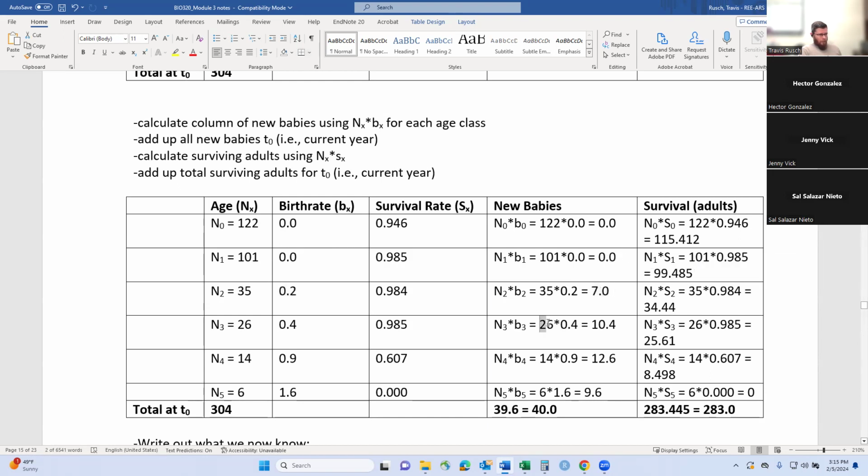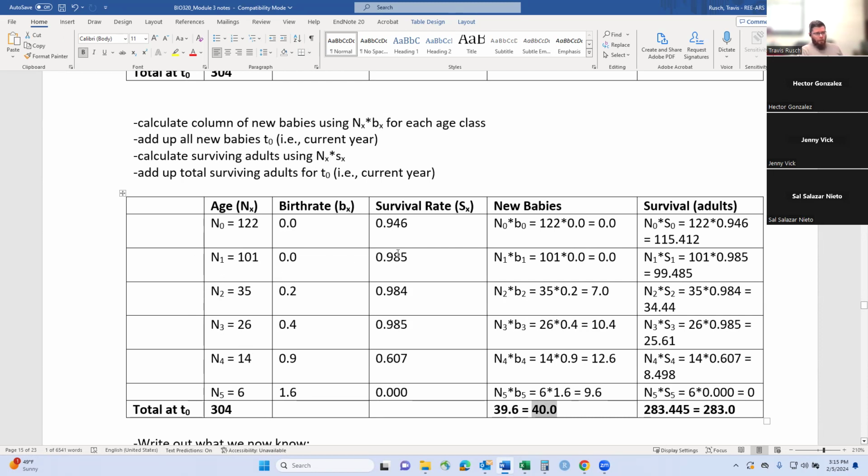For 3-year-olds, 26 of them times 0.4 is 10.4, and so on. We can calculate for each age bracket how many offspring they're going to have, and we get a total of 39.6, but we can't have partial individuals, so we round to whole numbers. We get a total of 40 new offspring from the original population at time t.